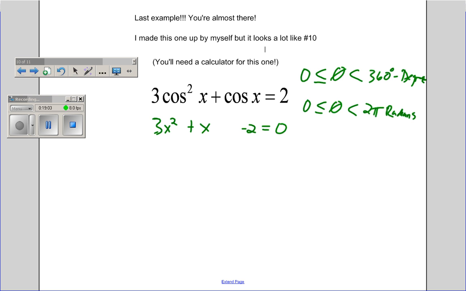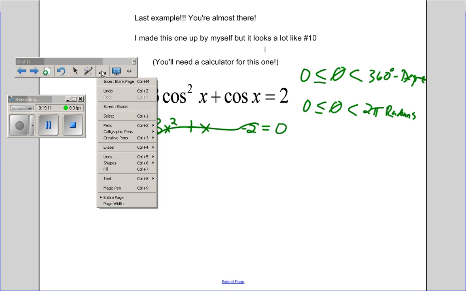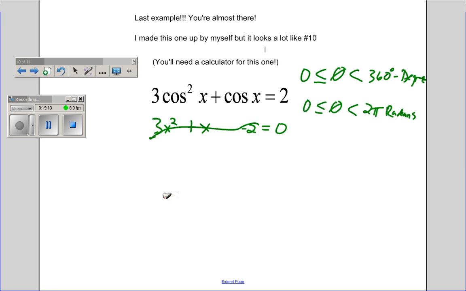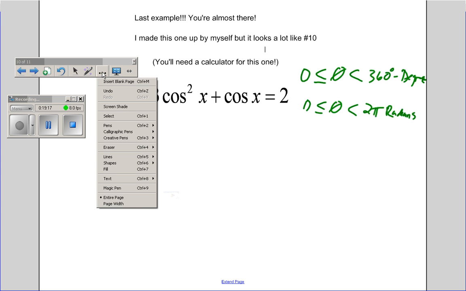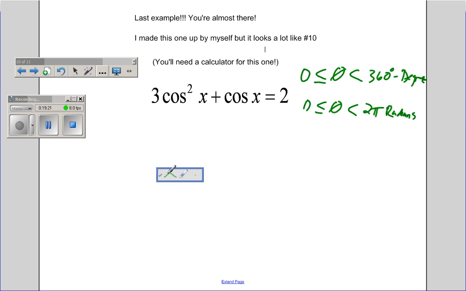We could factor that, right? Well, we can still factor it. It's still a quadratic. So you're just going to factor it the way you would.